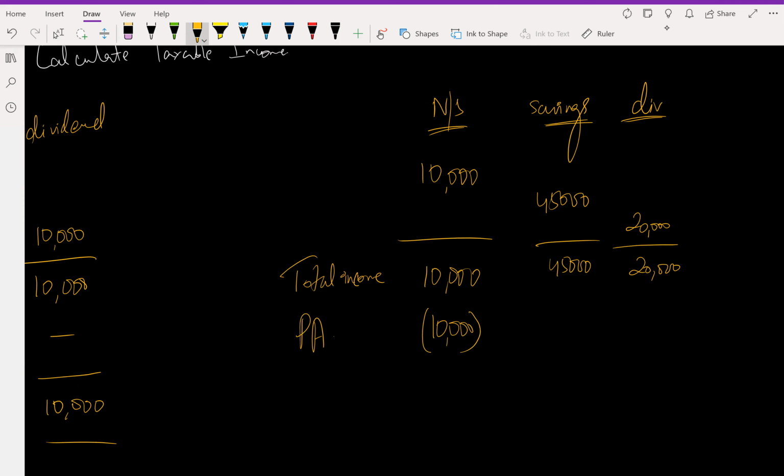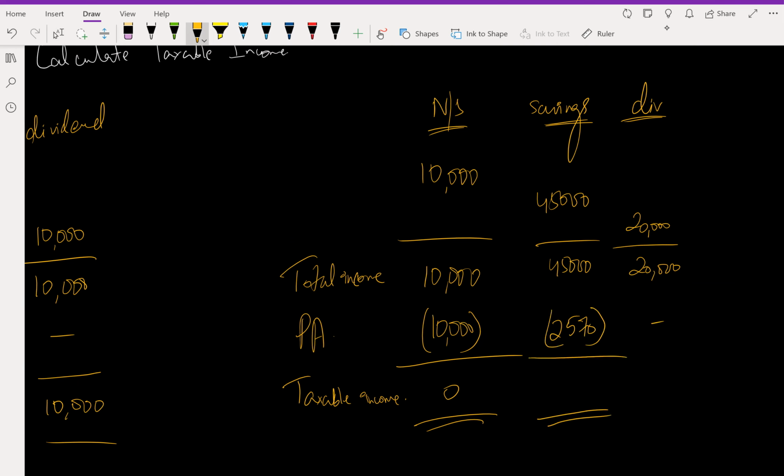And obviously, what am I left with over here? Because this becomes 0. Out of the total personal allowance of 12,570, I'm left with obviously 2,570. And nothing goes over here, right?